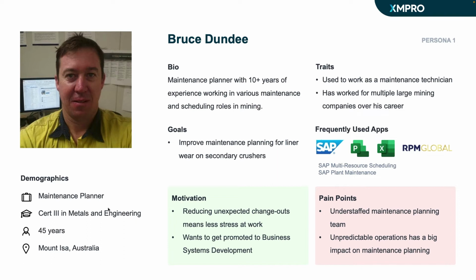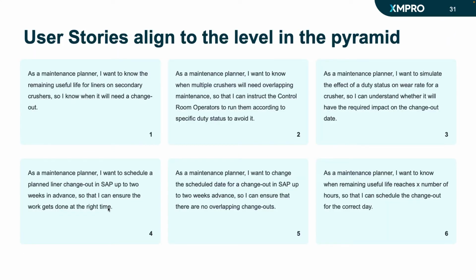So he slots into that tactical level. You can see the things that really challenge him: we're understaffed, if we make the wrong decisions it has a really big impact, and I want to get promoted. These are the personal drivers of that person, which we have to take into consideration when we look at digital twins. So based on his background, there are certain user stories.